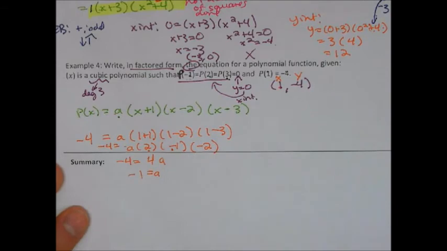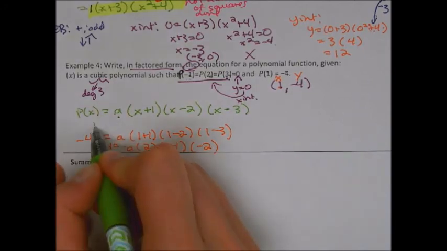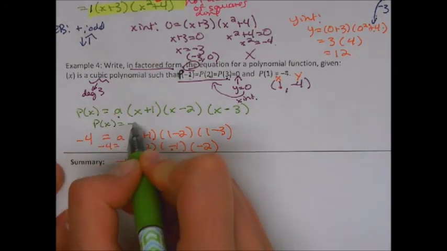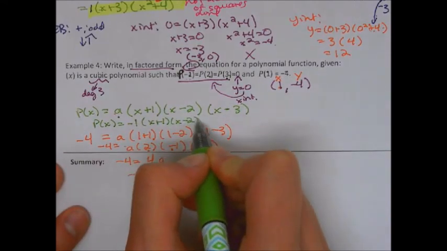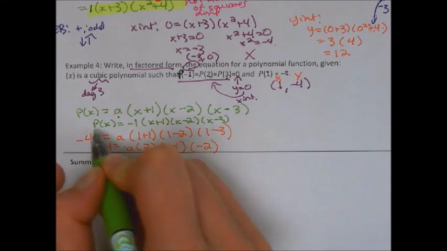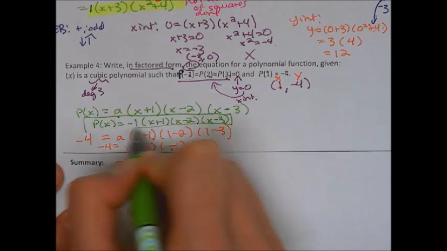So A equals negative 1. So our final answer, P of x equals negative 1 times x plus 1 times x minus 2 times x minus 3.